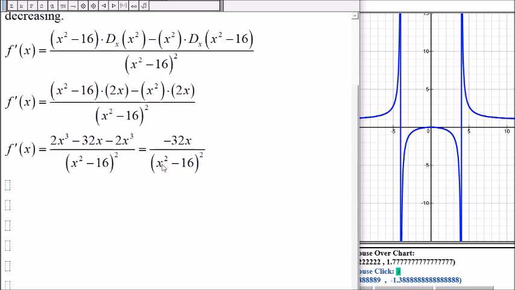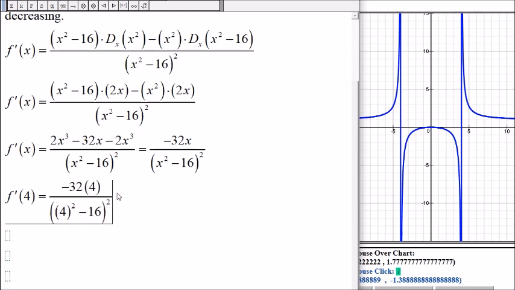And so right here we can see that if we let x be 4, then the bottom is 16 minus 16, which is 0. So we're dividing by 0, which is undefined.